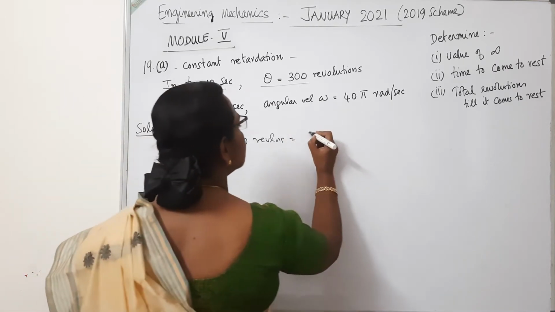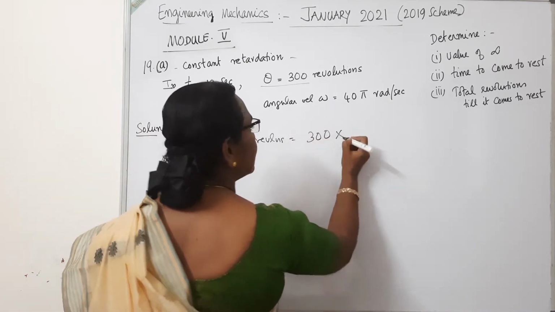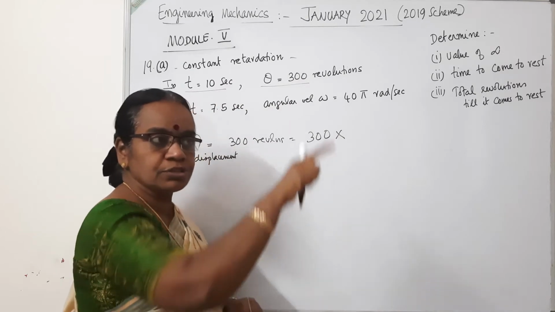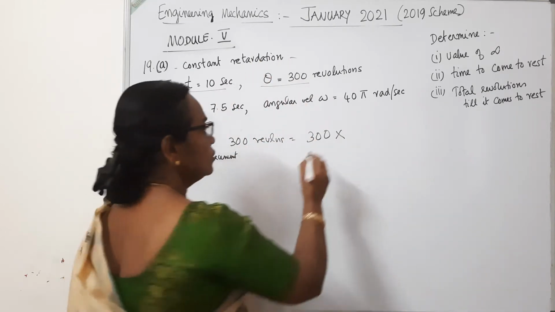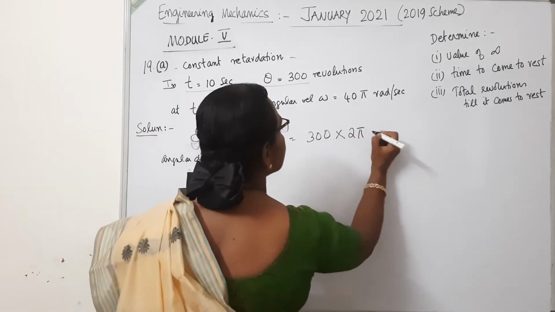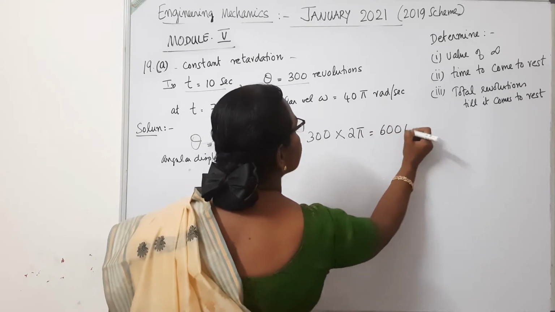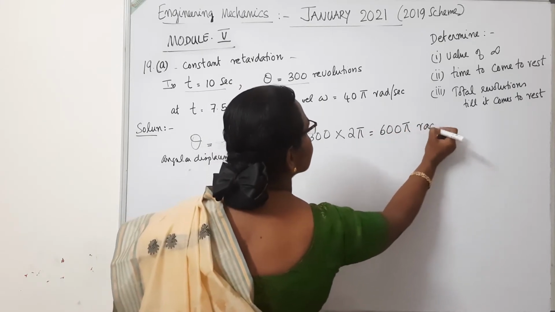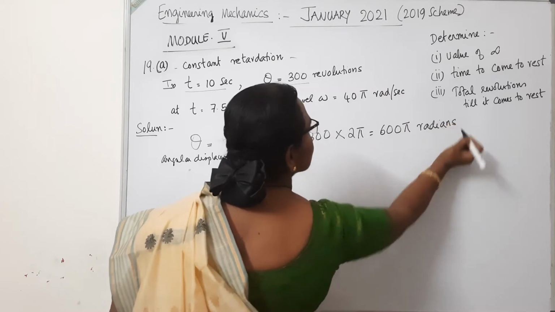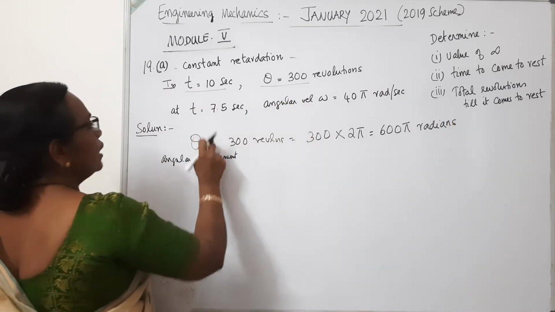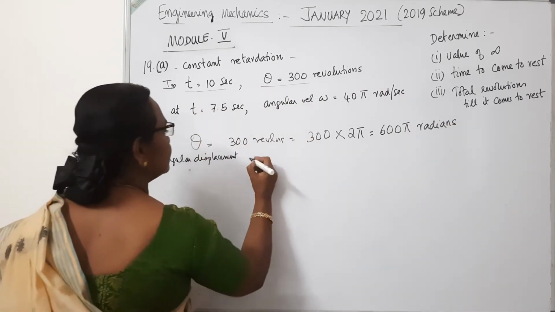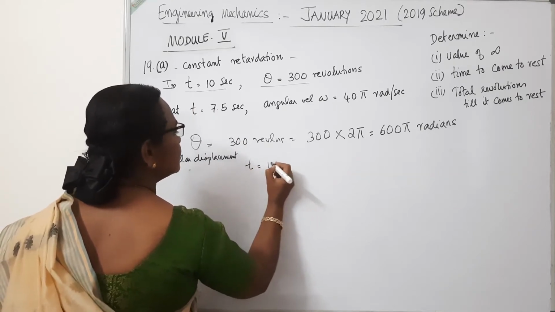One revolution is 2 pi radians, a full rotation. So 300 into 2 pi is 600 pi radians.